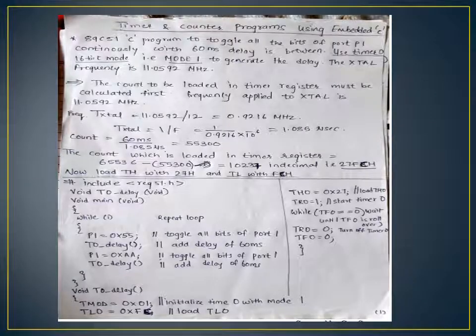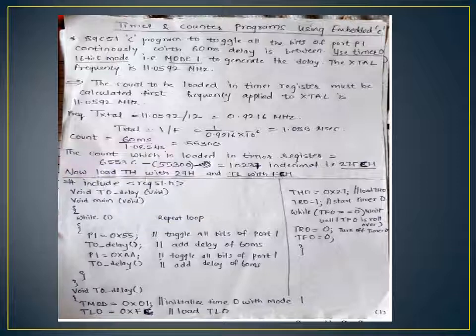TH0 is equal to 0x27. Load TH0, we have to load the higher value. Then TR0 is equal to 1. After that we have to start the timer, so start timer 0. While TF0 is equal to 0, wait until TF0 rolls over.